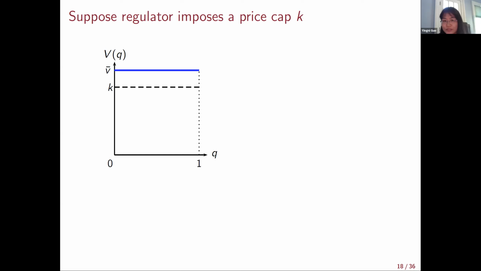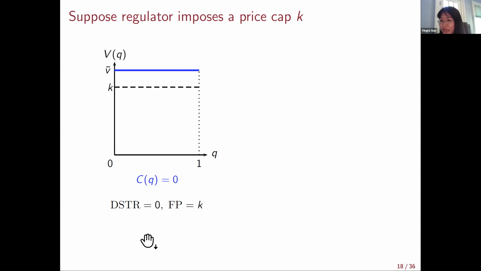We look at the first scenario here. This is a scenario in which every consumer has the highest possible valuation, V upper bar. You can think about this as the valuation for housing, or for the COVID vaccine, and everyone values this good at V upper bar. Now, the cost of production is actually 0. So there is no cost of production. In this case, the firm would serve everyone in this market, and the firm would charge a price equal to K. So there is no distortion.